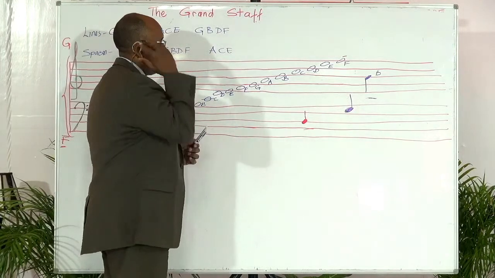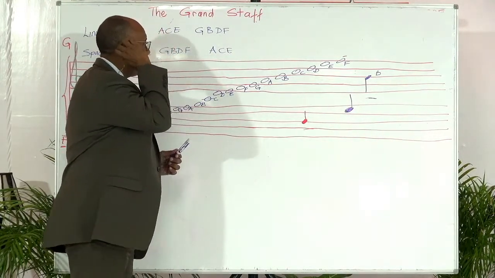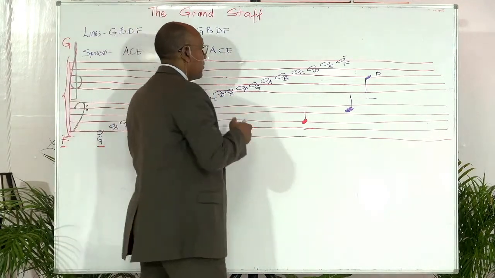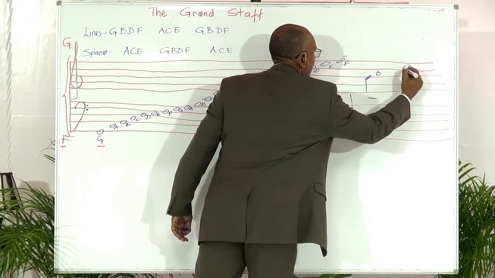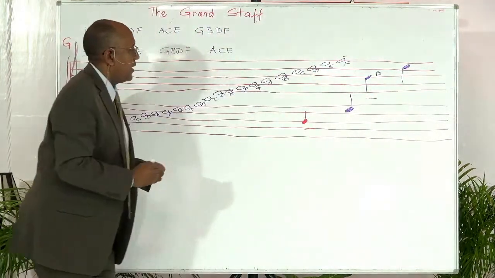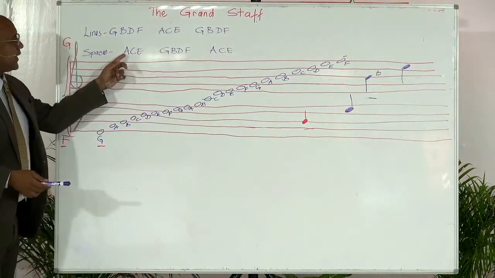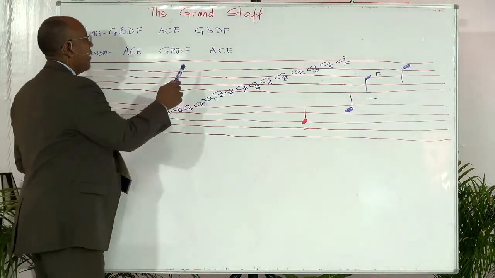Let's try one more. Let's try this space right here. Remember now, it's A, C, E, G, B, D, F, A, C, E for the spaces.